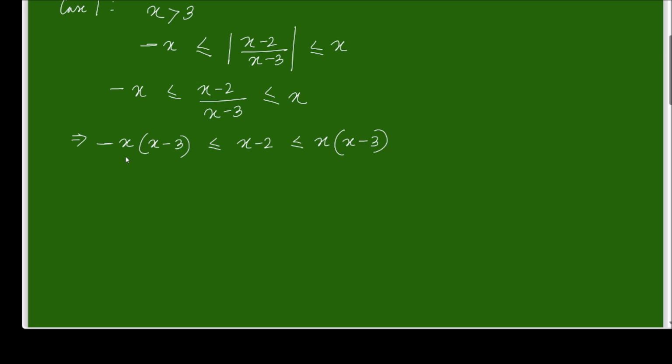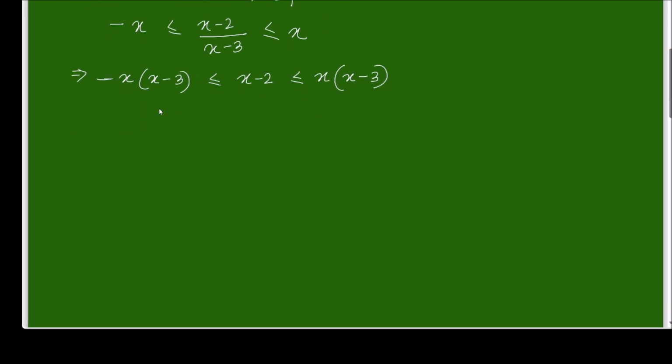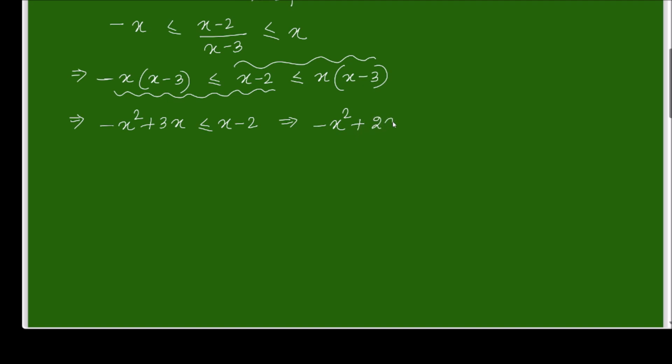Here I'll make two inequations, one taking the first two, one taking the second two. So minus x square plus 3x is less than or equal to x minus 2, or minus x square plus 2x plus 2 is less than or equal to 0.